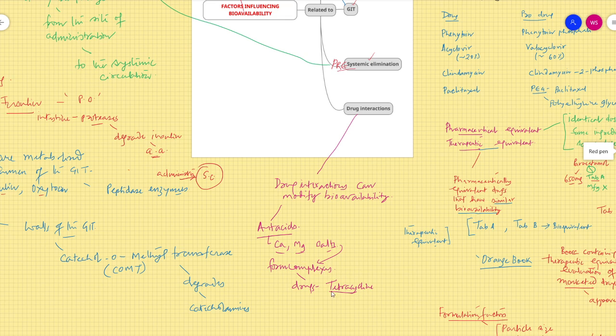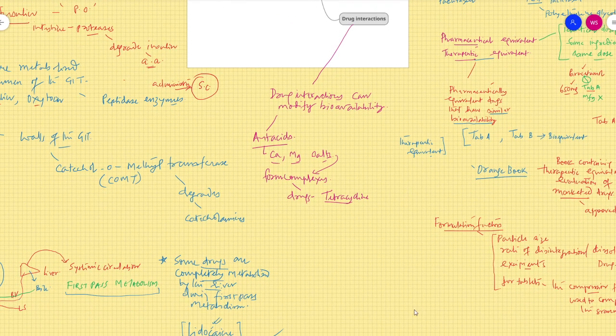So the most important example of a drug interaction that modifies bioavailability is administering calcium or magnesium salts concurrently with tetracycline. What happens is tetracycline forms chelated complexes with calcium or magnesium ions, and then that complex is not absorbed.